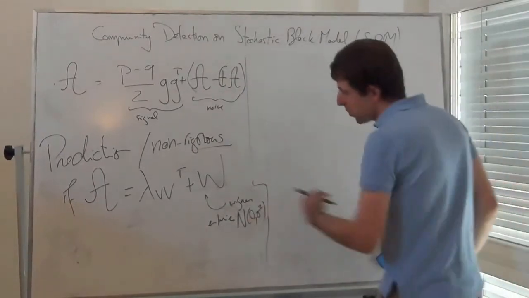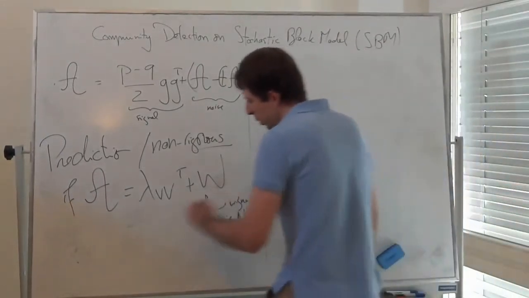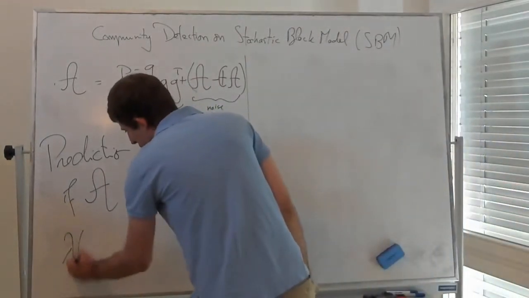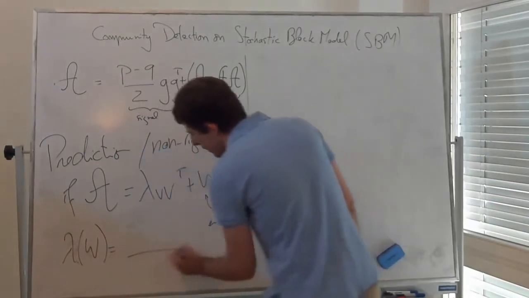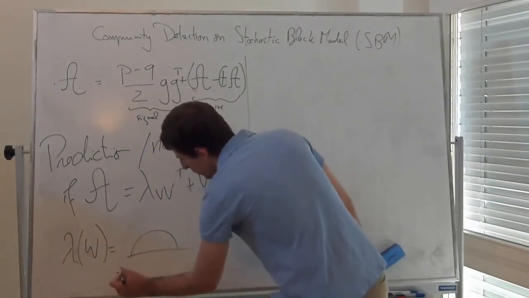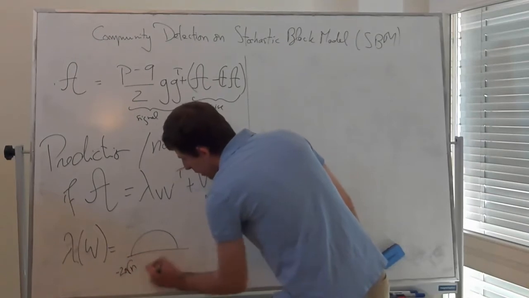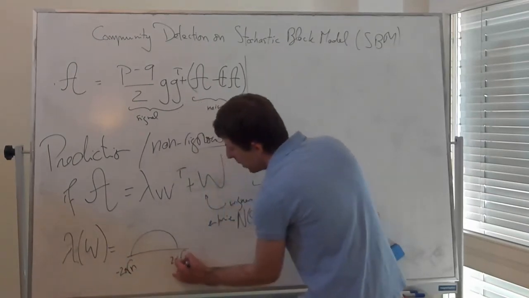Okay, so if this was the case, then we know that the spectrum of W lies in a semicircular law somewhere between minus 2 sigma root n and 2 sigma root n.